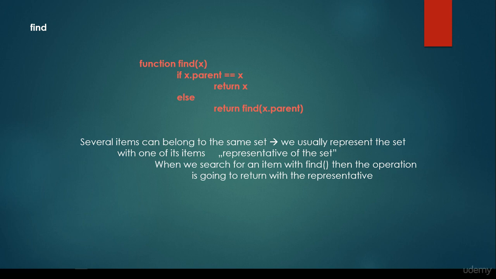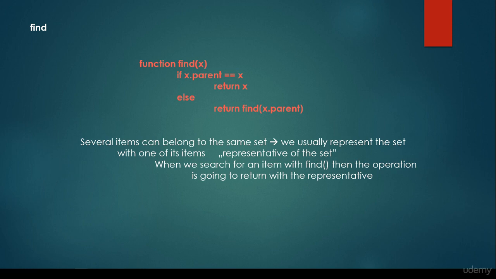We usually represent the set with one of its items, basically the representative of the set. And that's why if X.parent is equal to itself, it means that basically this is the root node. As I said earlier, we usually implement this data structure as a tree-like structure. And it has a root node, and basically the root node is the representative. So no matter what item we would like to find, it's going to return the value of the root node.